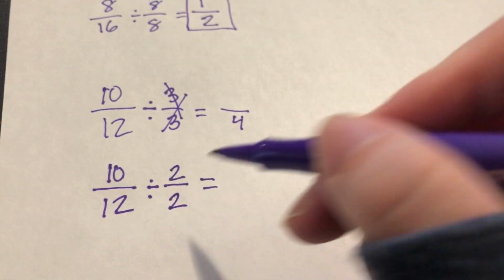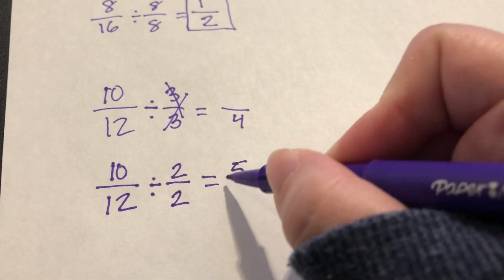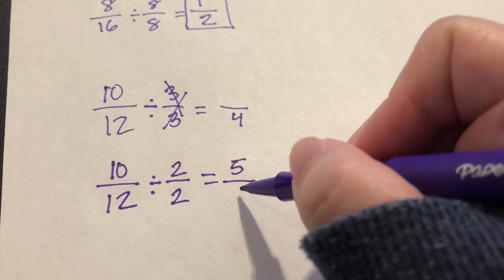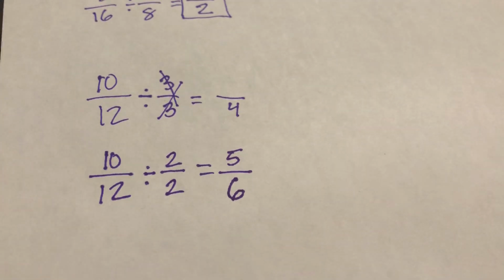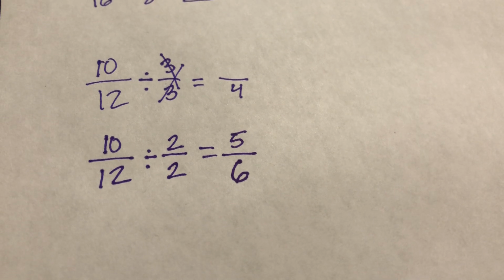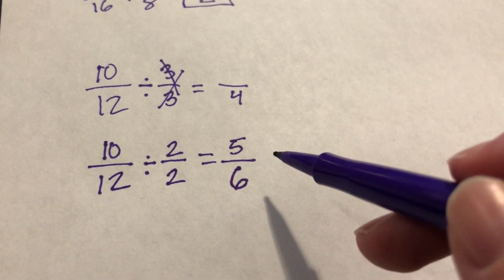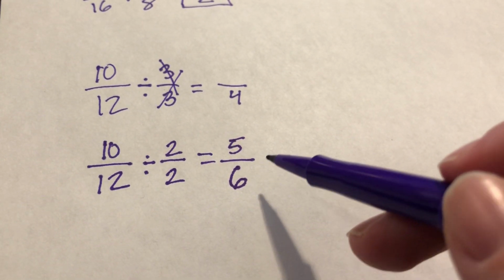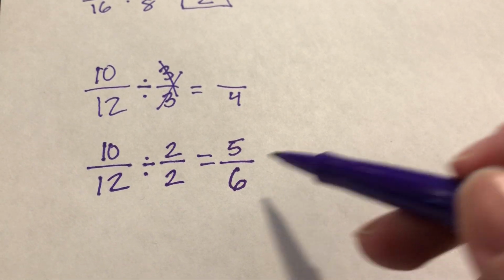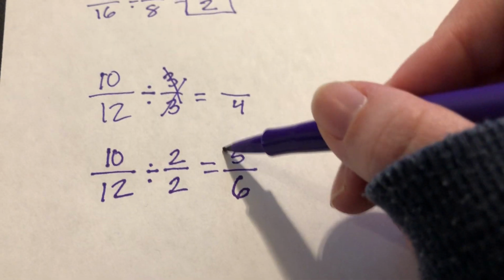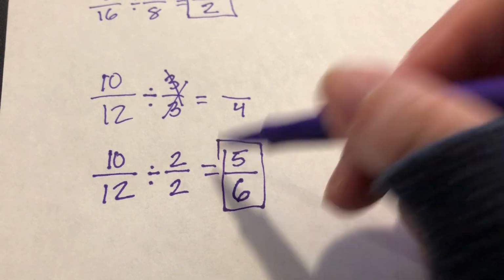So 10 divided by 2 is 5, 12 divided by 2 is 6, 5/6. So 5/6 is now in its simplest form. There's nothing else that I can divide this by, no other fraction of 1 to make it simpler.